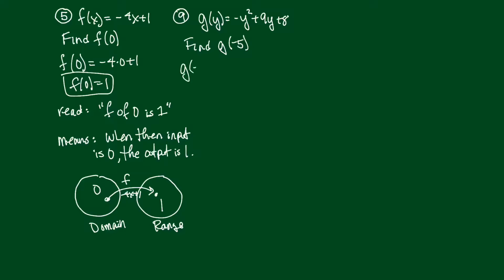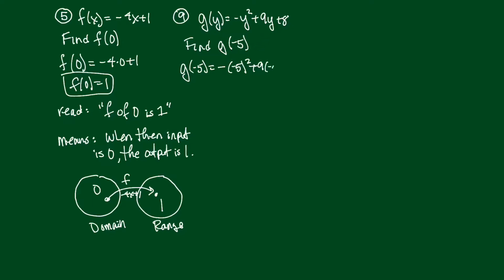We'll get this. G of negative 5 is equal to negative. Now, put that negative 5 right there. So it's already negative. Now you have negative 5 squared plus 9 times. Now take that negative 5 and put it right there.